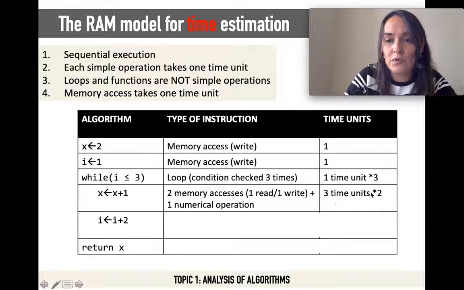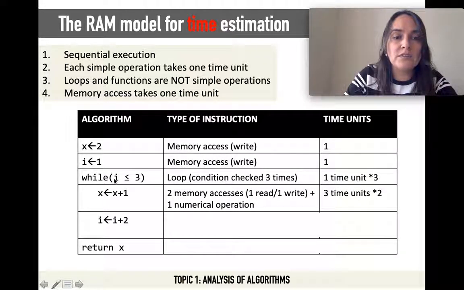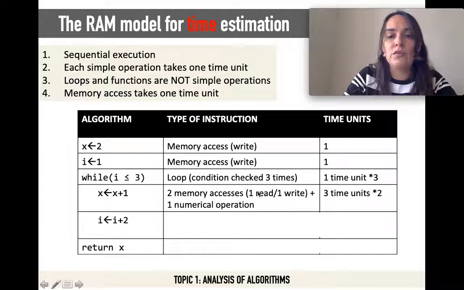So this is the 3 that you have here. But this instruction is executed twice. In the first iteration, i takes the value 1, then i takes the value 3 in the second iteration, then i takes the value 5, no more iterations. So this instruction that takes 3 time units in this model is executed twice. That's why we have a 2 here.